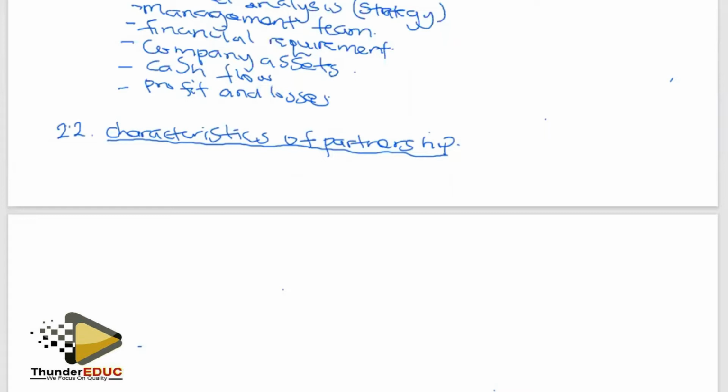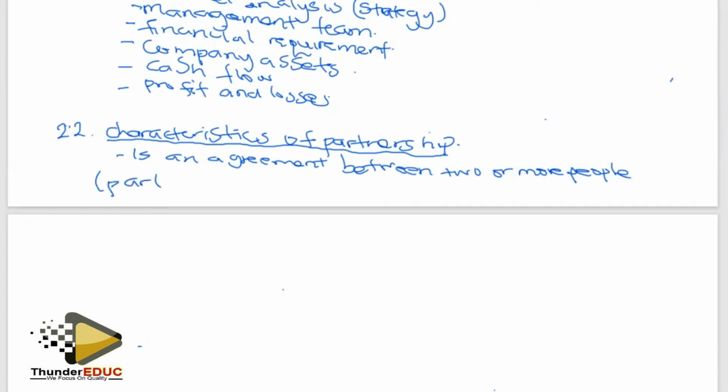So what is a partnership, by the way? A partnership is an agreement between two or more people, or in brackets put partners, actually, between two or more partners.